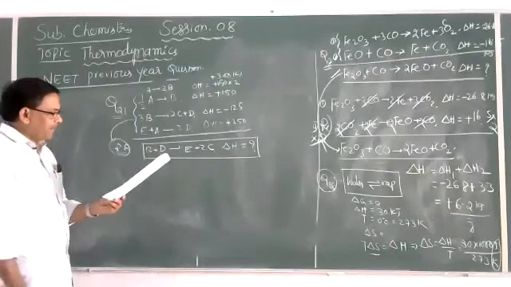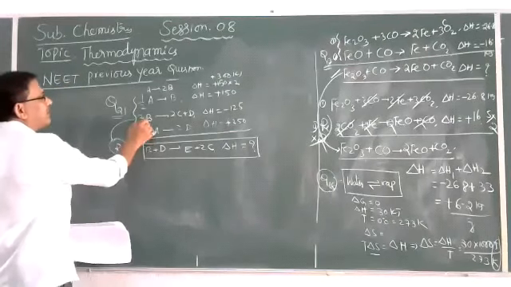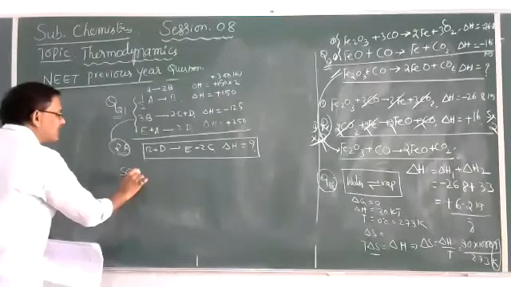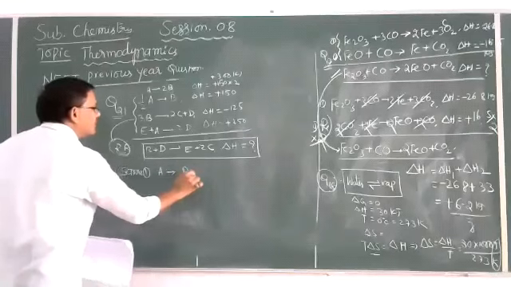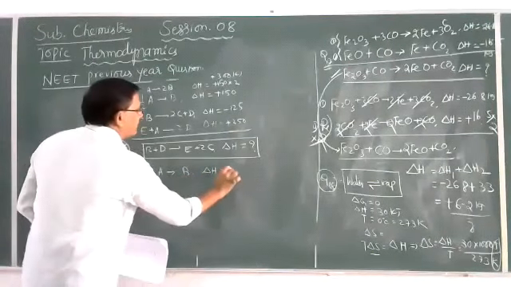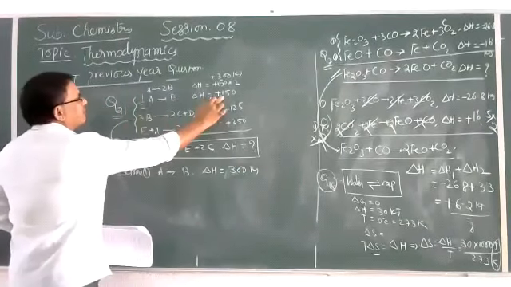See here, by reversing equation 3 and with equation 1, that is A plus A gives 2B, delta H multiplied, that's why 300 kilojoules, because half mole is 150.